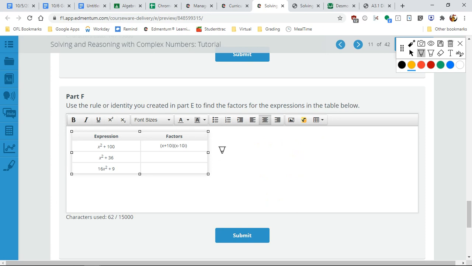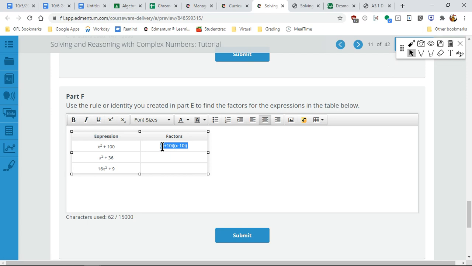And we would get 10xi minus 10xi in the diagonals of a box method, which would just cancel out. Then this one over here would basically be the same thing.